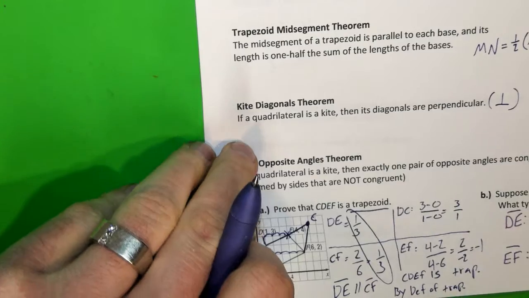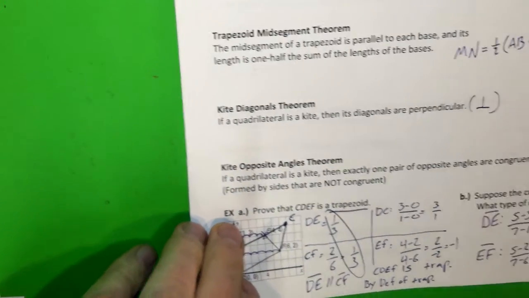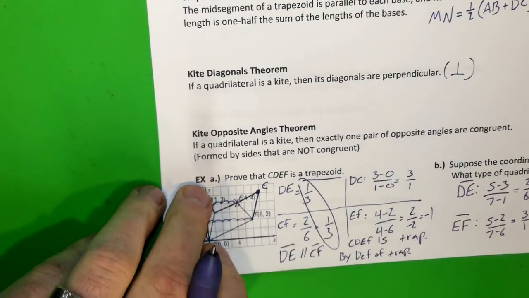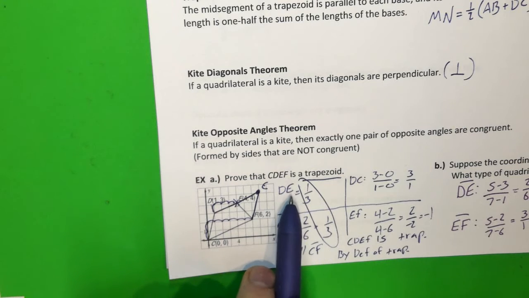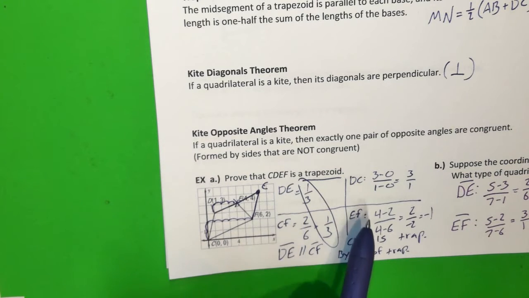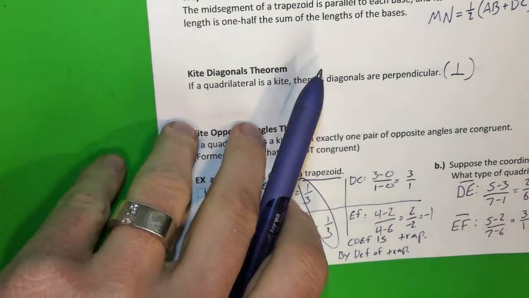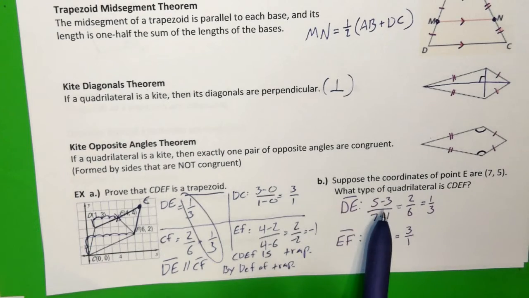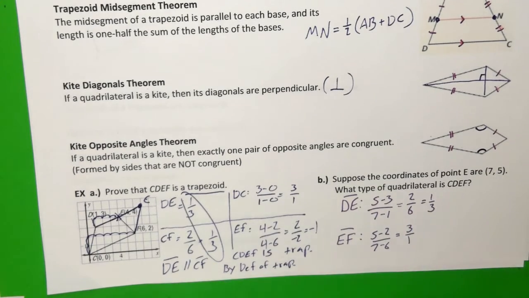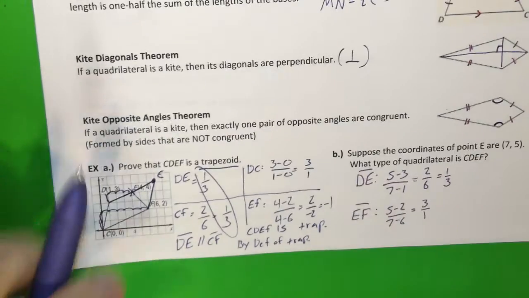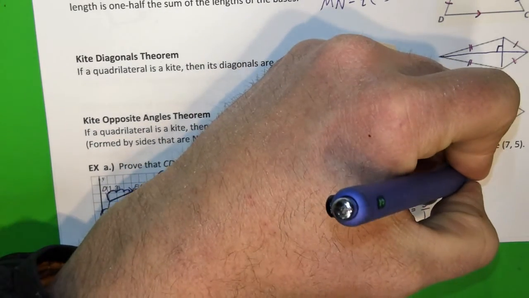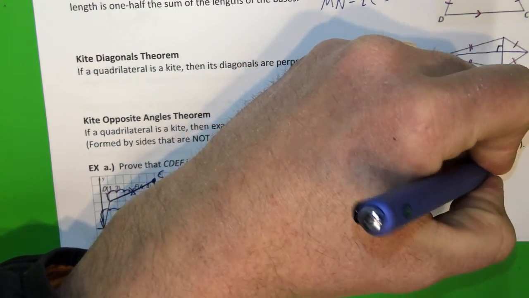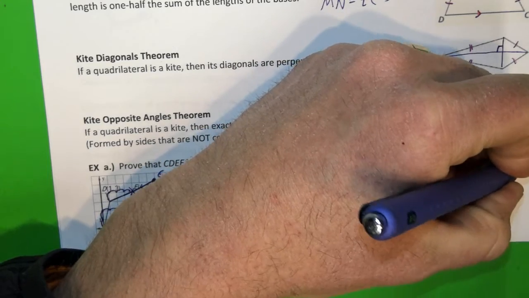Once again, slope would still be a very important thing, so we would calculate the slopes that involved E a second time. So this point E affected the slope of DE, and it also affected this line segment EF, and so we would need to recalculate those two slopes. So now DE, the new slope for DE, would still be 1/3, which would mean that that would still match with the slope of CF, which would mean that CF and DE would still be parallel.